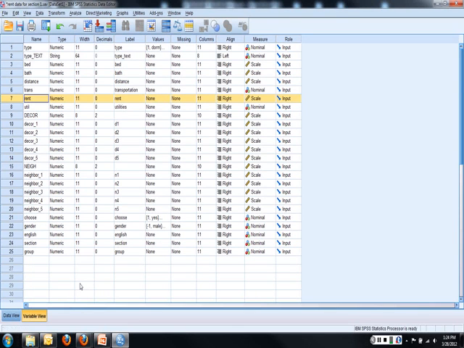So let's start first with an example that's an independent samples t-test. One of our variables is rent. We know how much rent on average our students are paying for a house or apartment per month. It'd be interesting to see if men and women are paying different amounts of rent.